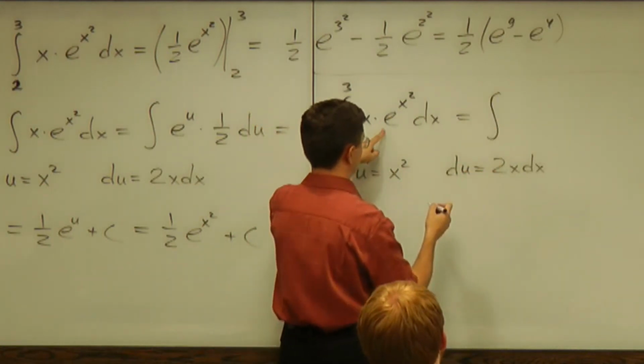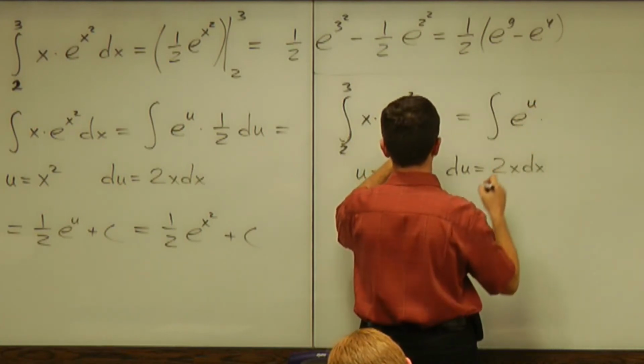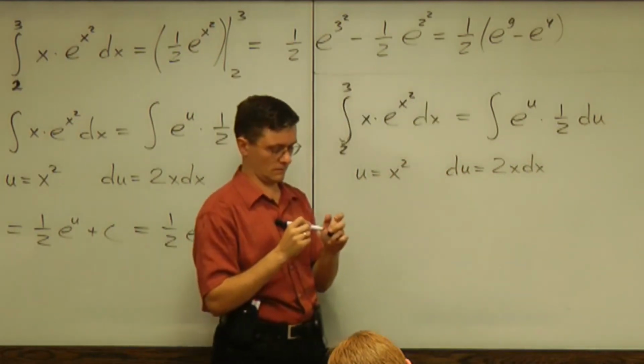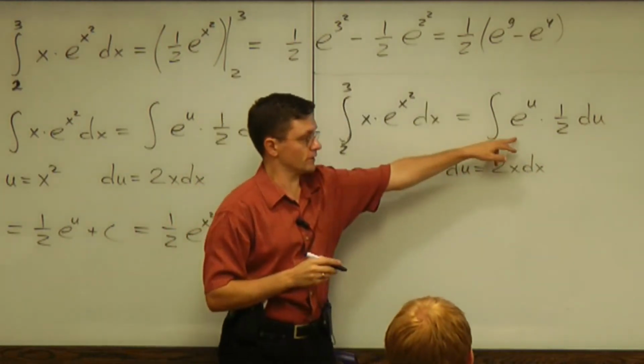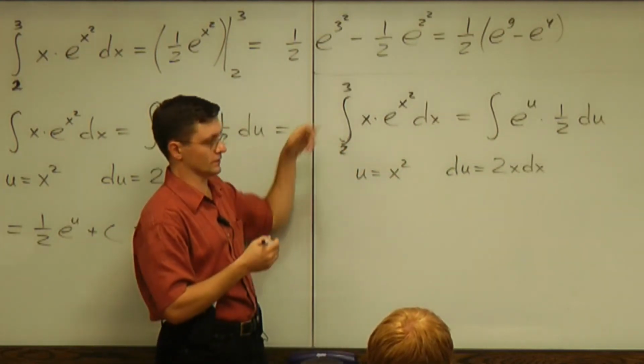So I say that this is e to the power u times 1/2 of du. But now I have to make that a definite integral, because I started with a definite integral.